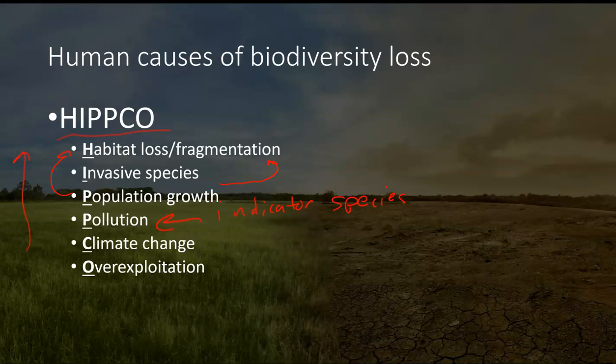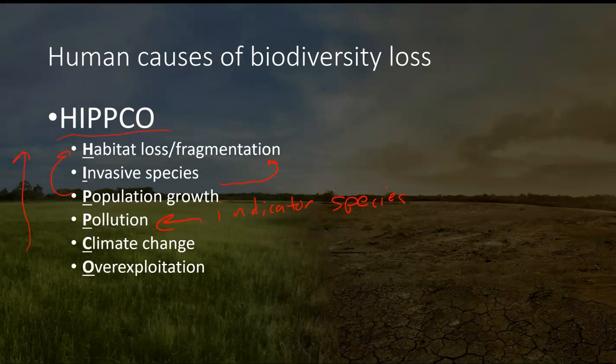Maybe they have extremely valuable body parts. In some cases, Chinese medicine relies on parts of tiger for some of their ancient remedies. Or ivory tusks in the case of elephants are super valuable. Ivory is a black market traded thing, very, very valuable. So this overexploitation caused by economic drivers sometimes leads to hunting some species to near extinction.